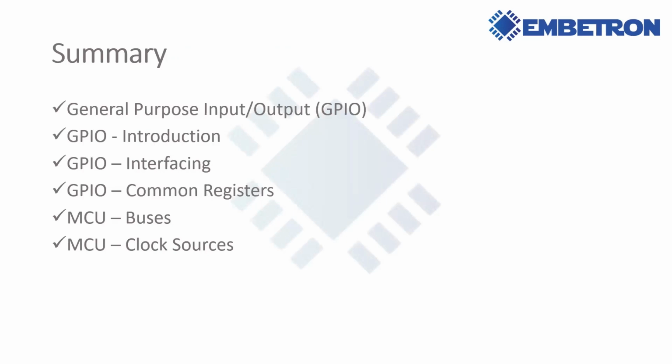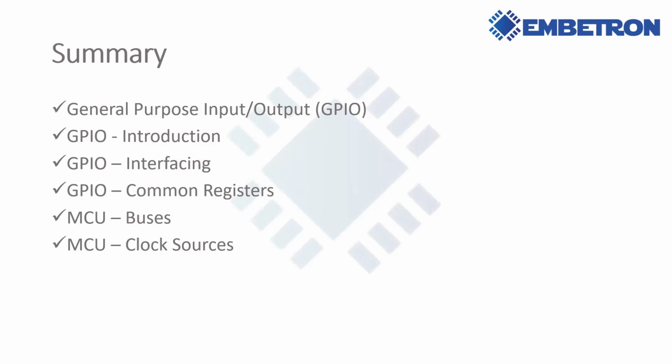Okay, so let's revise quickly. We discussed the GPIO part, the introduction. There are two types of GPIOs, general purpose and special purpose IO pins. Then interfacing, then we learned about common registers, that are the direction and data registers that are used in almost all microcontrollers.